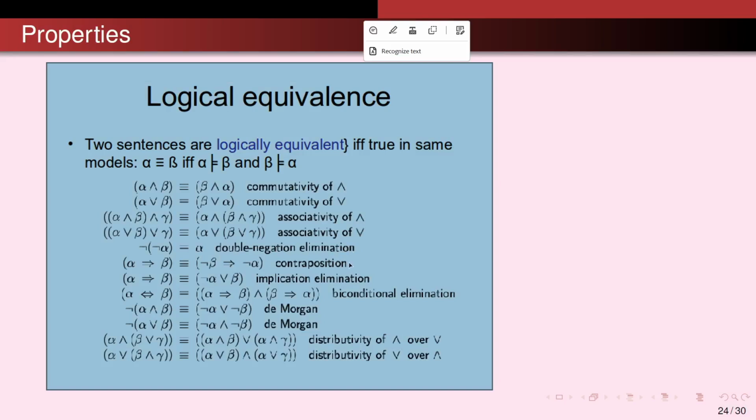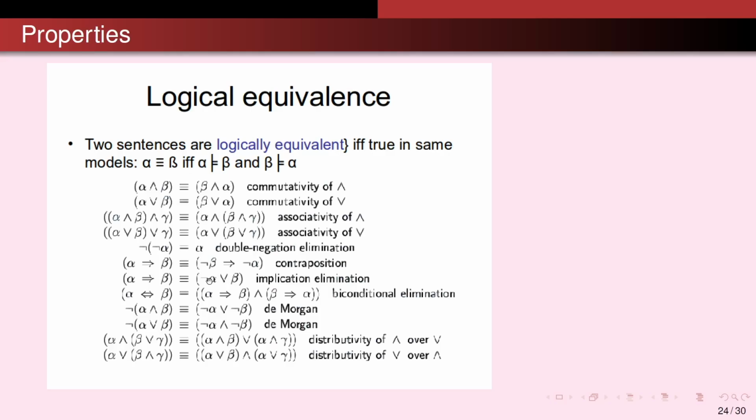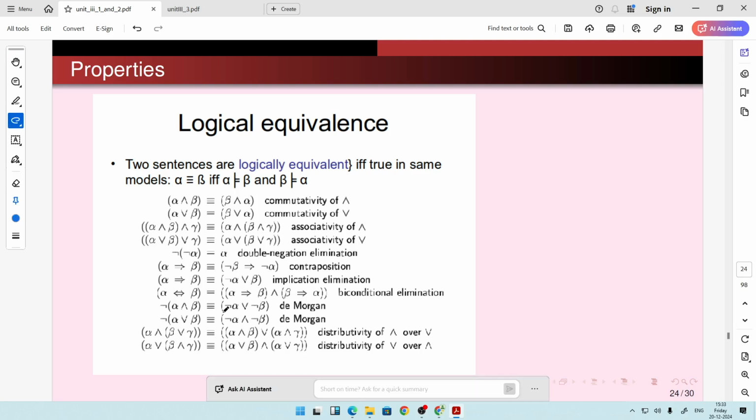This is contraposition: alpha implies beta is logically equivalent to not beta implies not alpha. And this formula is very important because we will be using it regularly: alpha implies beta is not alpha or beta. This we will be using regularly, and this also we will be using, which is biconditional elimination.